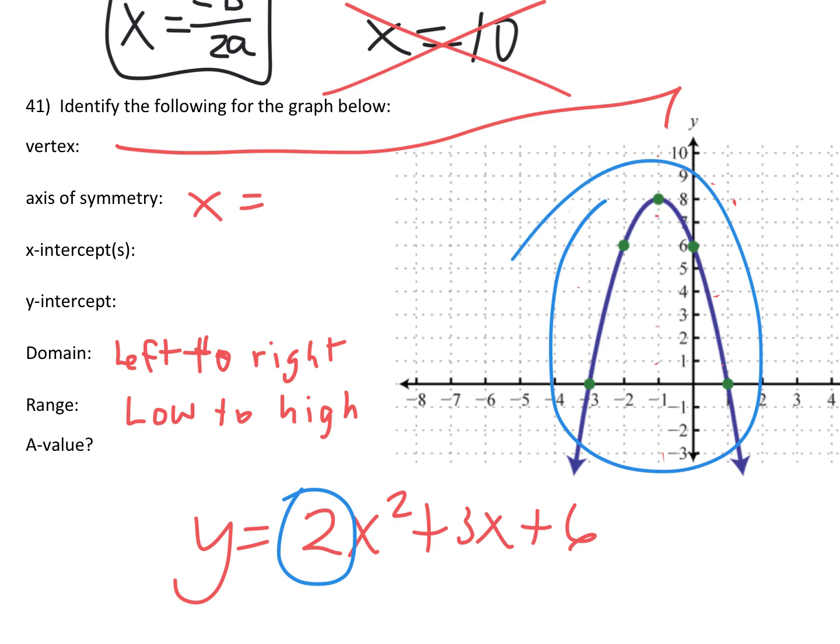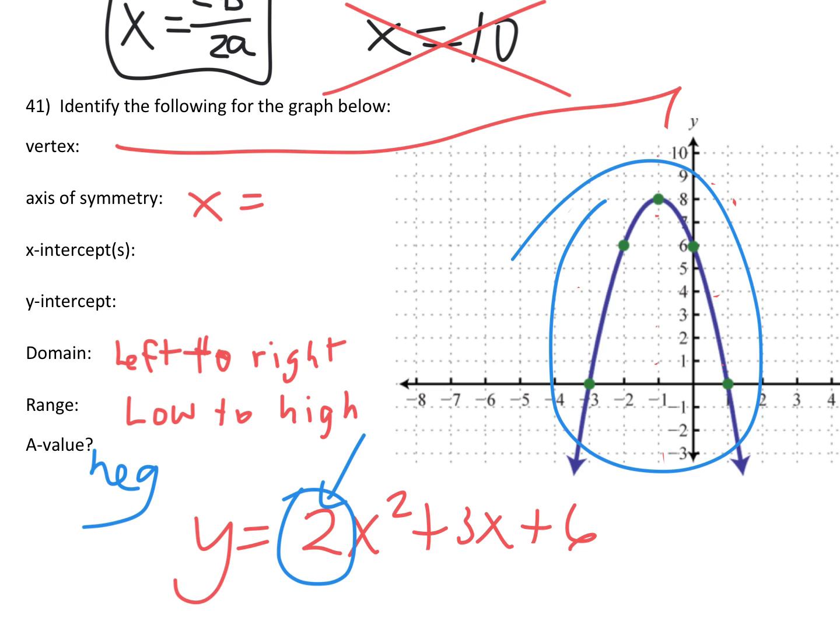Because it's upside down, what can you tell me about the a value? Because this is flipped, what's this number got to be? Negative. That's all you've got to say. If it's upside down, it's got a negative a value. That's what they're getting at. It's just, is it positive or negative?